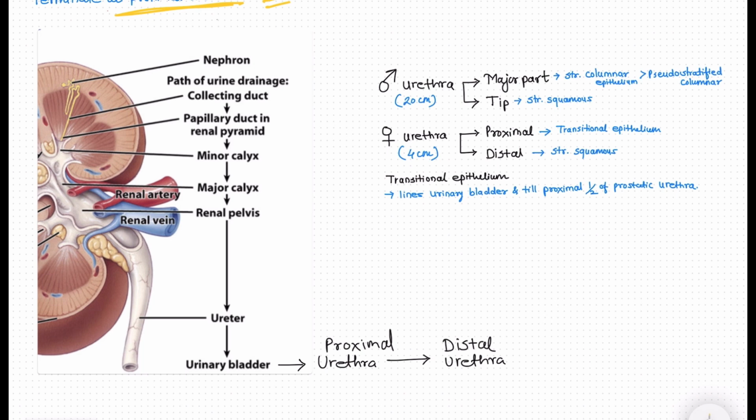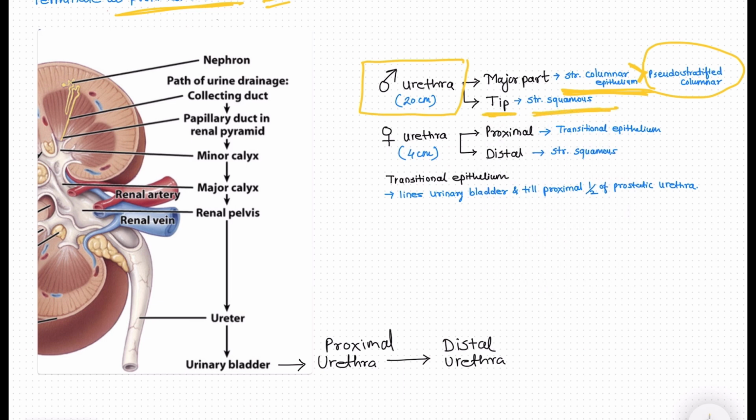See some facts. The urethra, which is 20 centimeter long in males, the major part is formed of stratified columnar epithelium. Then you can also call it pseudostratified columnar. But the majority of the portion is lined by stratified columnar epithelium, and the tip of the urethra is formed of stratified squamous epithelium.